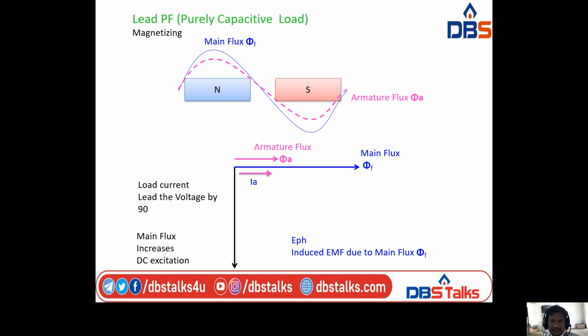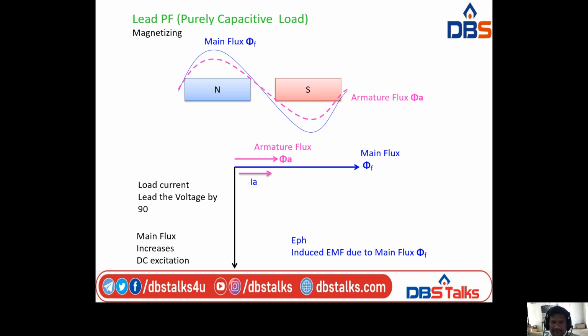Taking the main flux as the reference, the EMF is induced due to the main flux. Now IA, the current, is leading V by exactly 90 degrees.